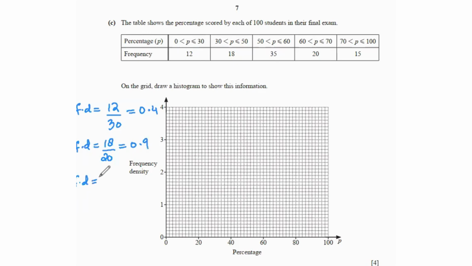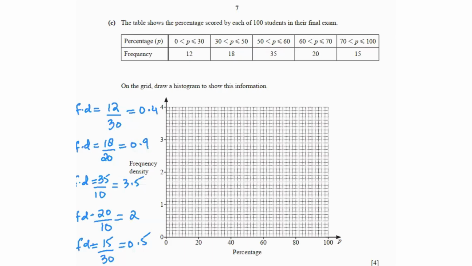Then we have 35 over 10, 3.5, 20 over 10, that's 2. And lastly, 15 over 30, that's 0.5. So these are our frequency densities for each of the intervals.